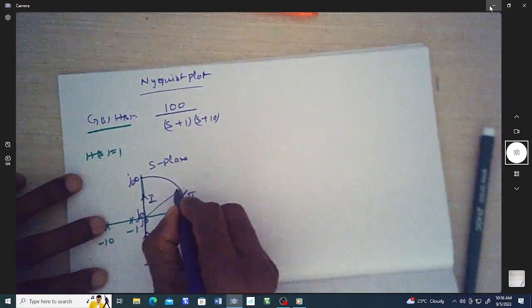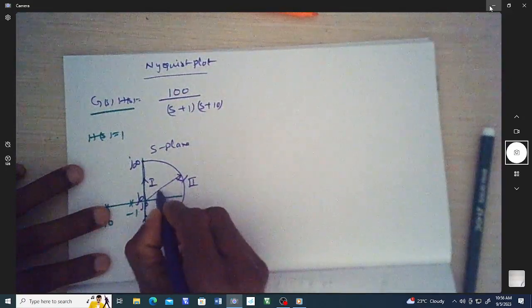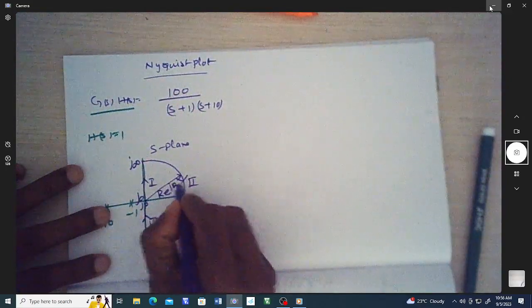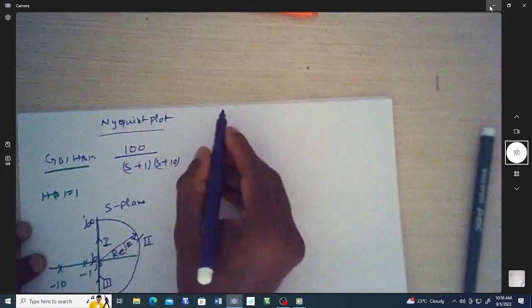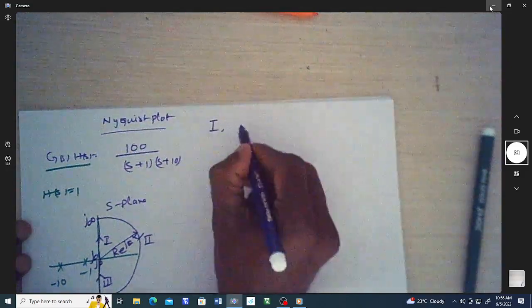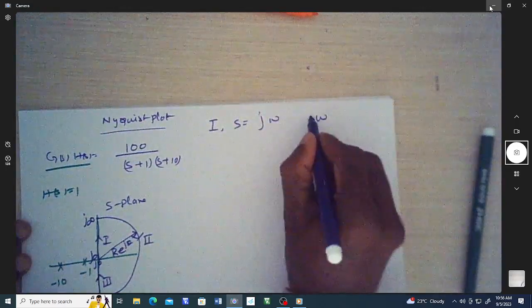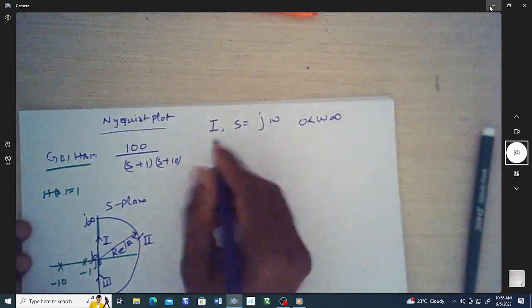Since we are covering the entire right hand side, this has r e power j theta. So now let us try to write the values of s in segment 1, where s is equal to j omega, where omega is ranging from 0 to infinity.